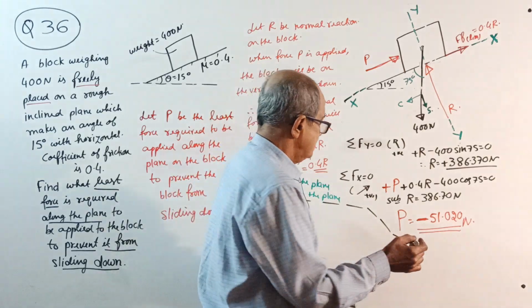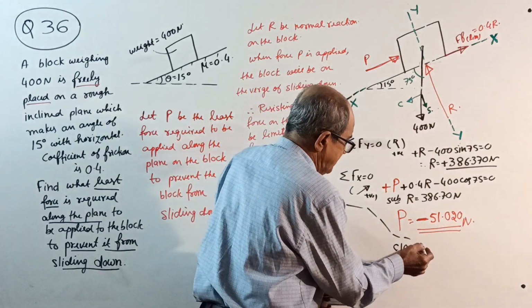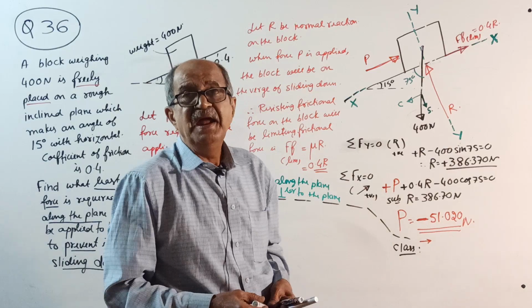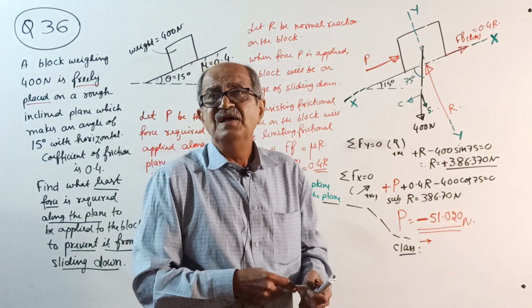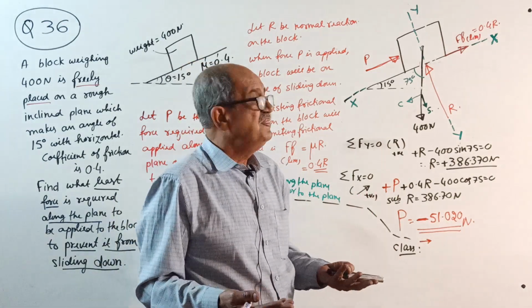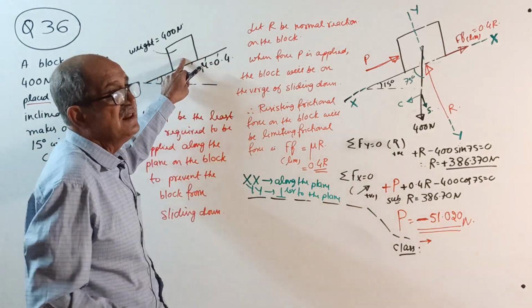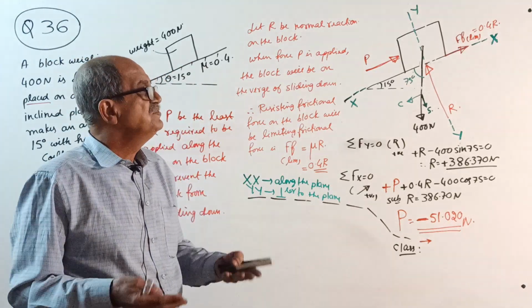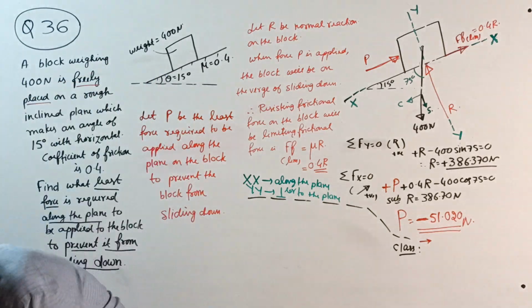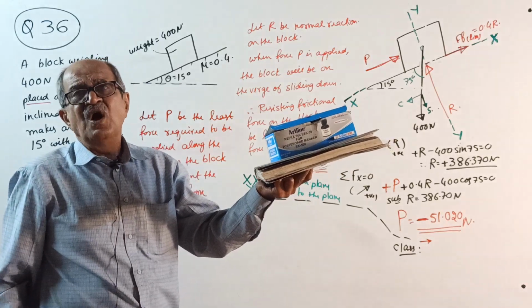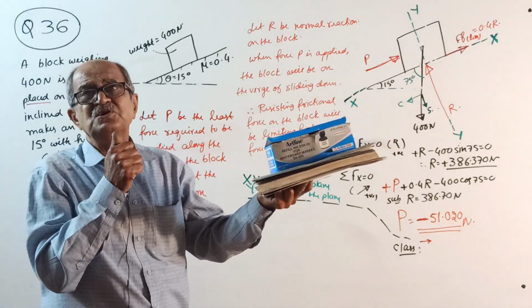I am dictating in the class, but you should write here. Negative sign indicates that force is not required. That means the block placed on the inclined plane will not slide. When it is not sliding, why would you want to apply a force to prevent it?